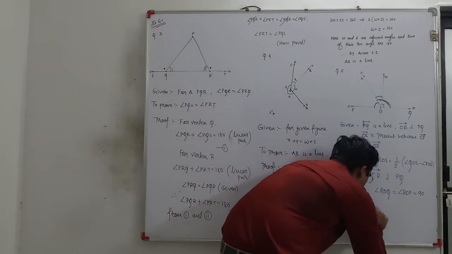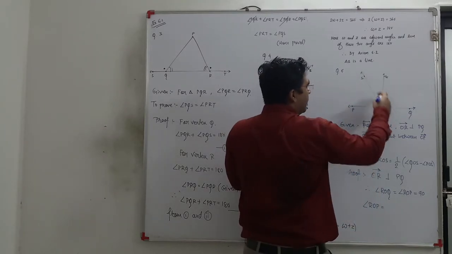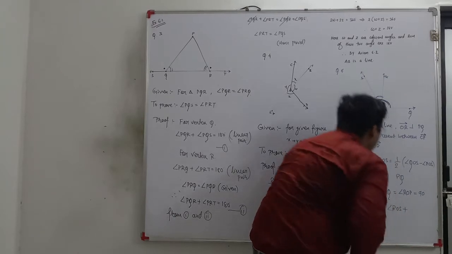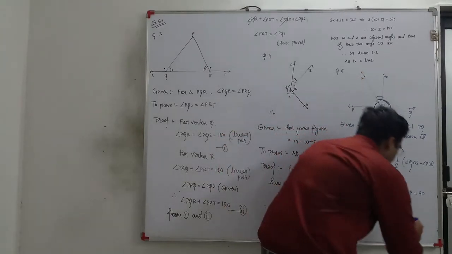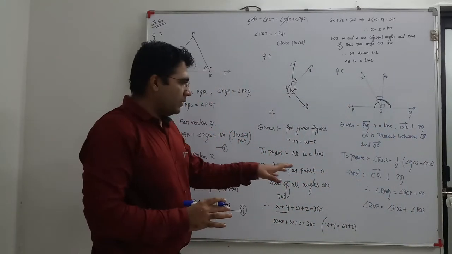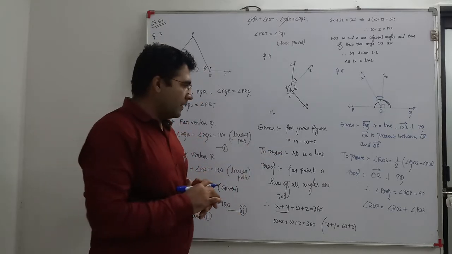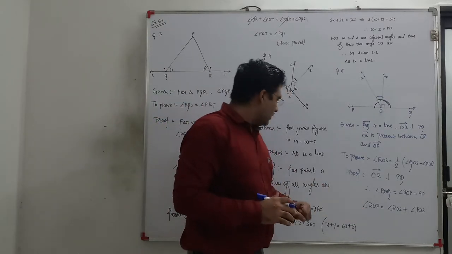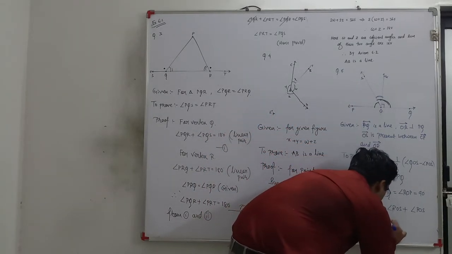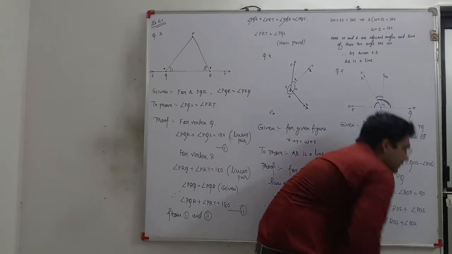Here we can say that angle ROP is equal to angle ROS plus angle POS. So here I got one relation, that ROP is equal to angle ROS plus angle POS. Now one more thing, ROP is 90 degrees. So here I can write angle ROS plus angle POS.